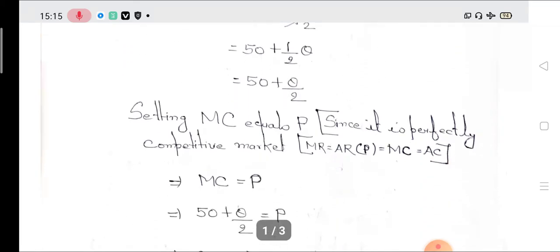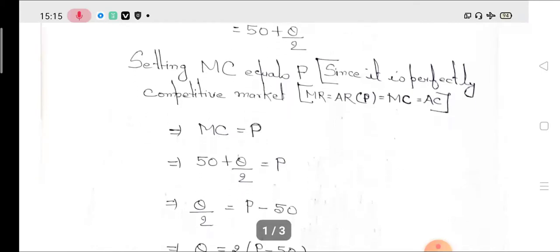Setting marginal cost equal to P, since it is a perfectly competitive market where equilibrium occurs at the point where MR equals AR. AR is also known as P, that is the price. MC equal to P, because it is a perfectly competitive market.